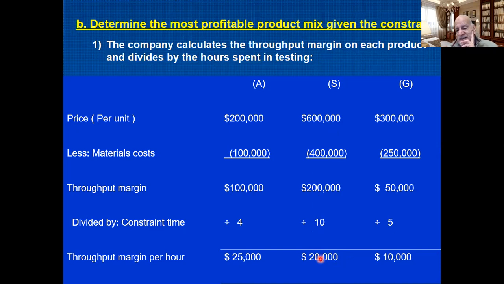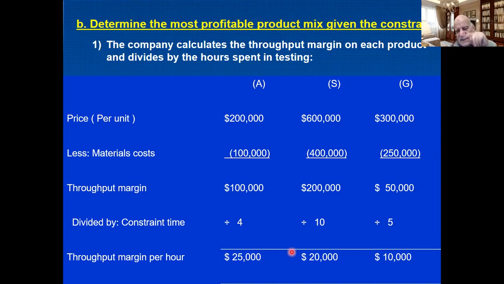So as you see, comparing this product with product A, product A is more profitable than product S. If 1 hour of testing is used in producing product A, you will have a $25,000 margin.